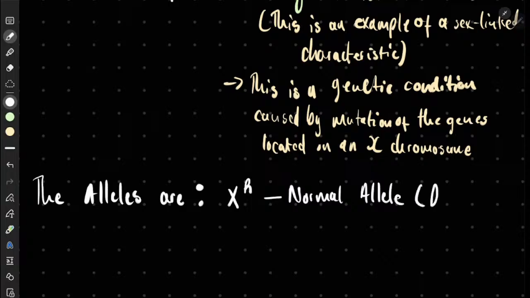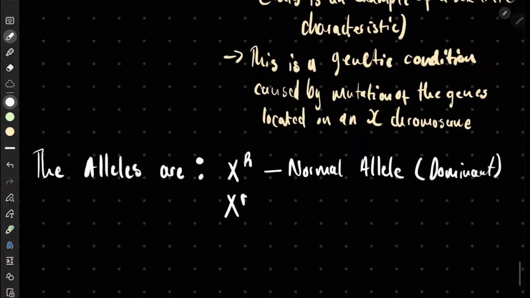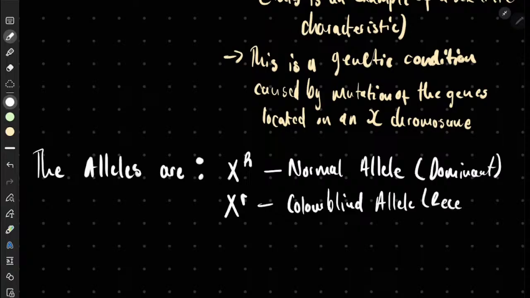The normal allele is the dominant one, okay? Then you have this Xr, which is the color blind allele. It is the recessive one. The only time it's seen is if the dominant one is not there. Are we together?